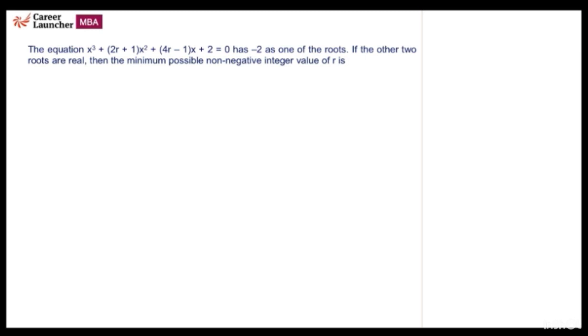Sum of roots, if we see, is equal to minus b by a. Here we are given that -2 is one of the roots.